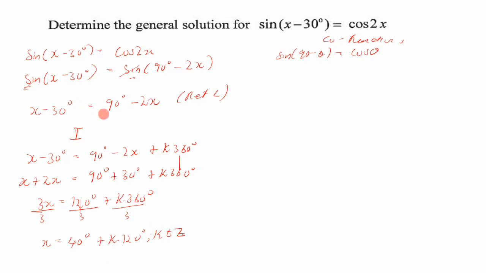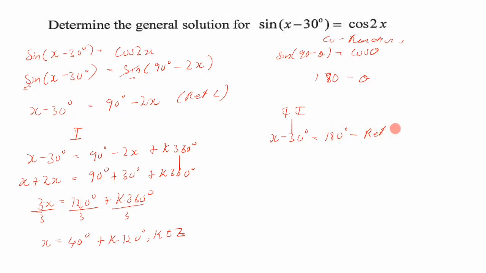So for the second quadrant, the reduction formula is 180 degrees minus theta. So now you will take this one as it is, then it's x minus 30 degrees is equals to 180 degrees minus the reference angle.